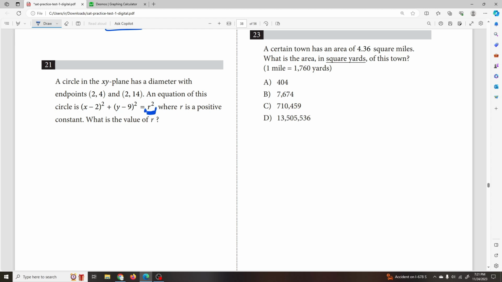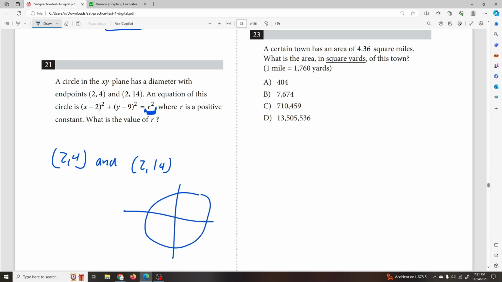So instead of plugging it in, we need to see that it has a diameter with endpoints of (2, 4) and (2, 14). So if this is a circle, and let's just say that this is the xy plane, here at (2, 4) we have one point, and here at (2, 14), oh, maybe this isn't the best drawing.